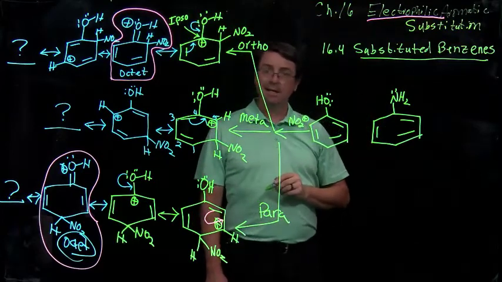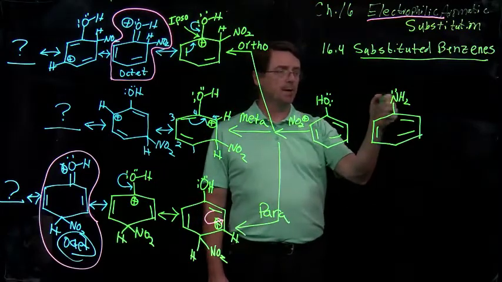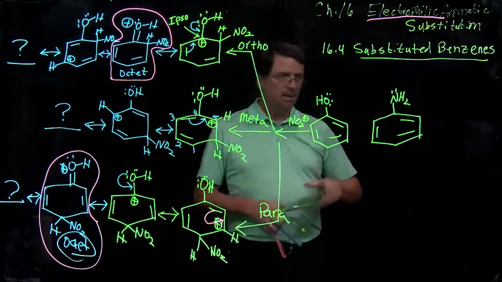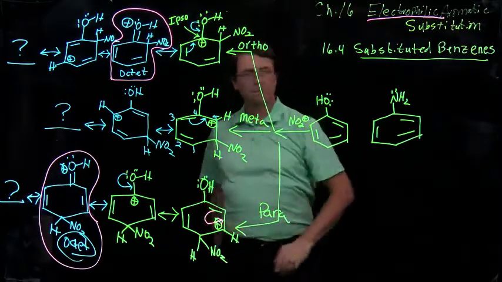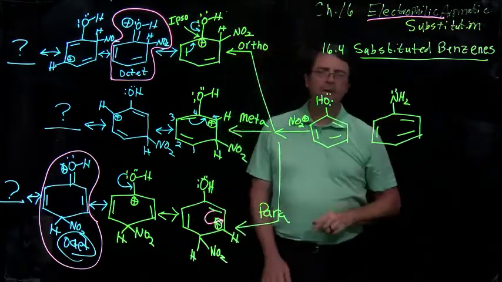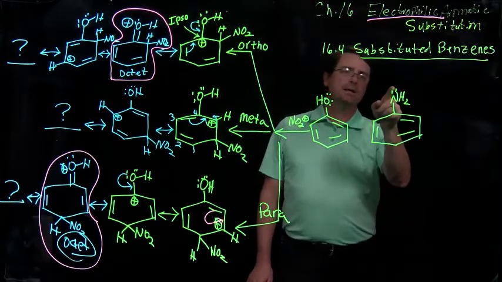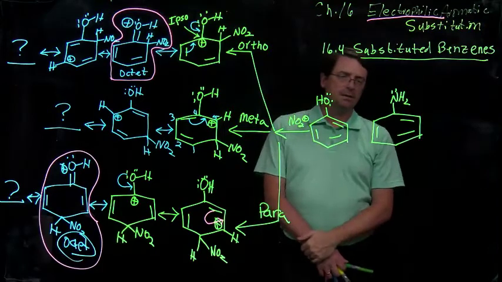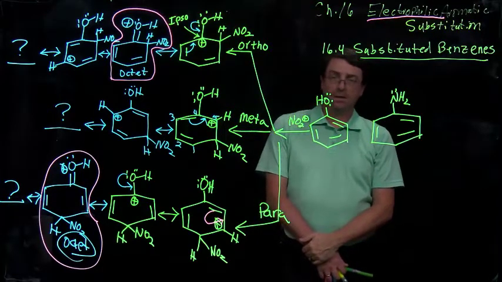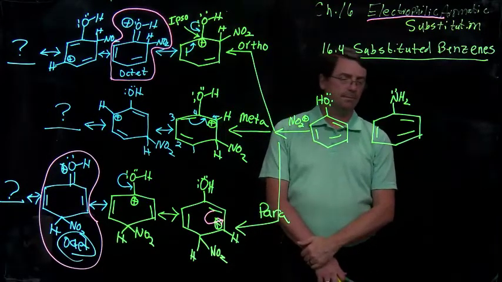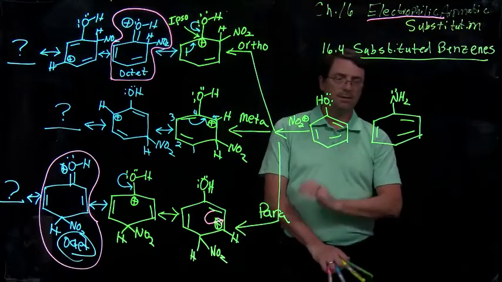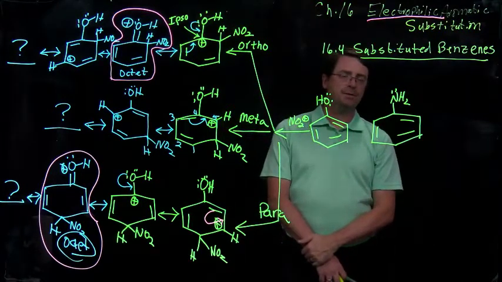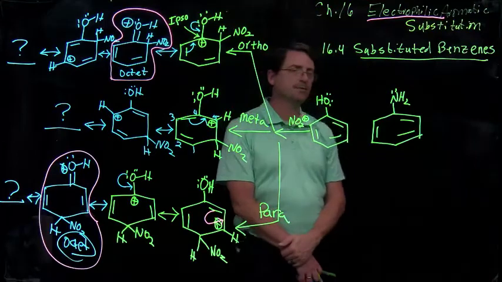Nitrogen is actually less electronegative than oxygen, so it's better at sharing its lone pair. So you draw these substituents for nitrogen. Also show the distribution of that lone pair of nitrogen around the benzene ring in the ground state of the molecule, the starting material of the reaction, so that you can see these principles that we've just illustrated.